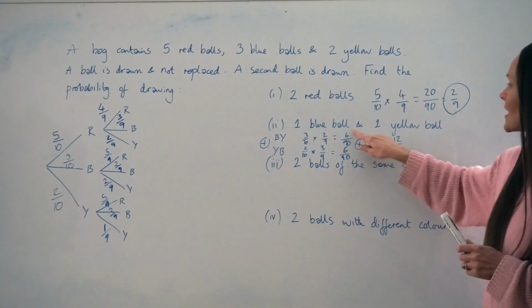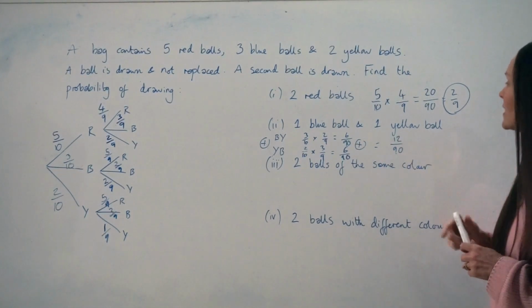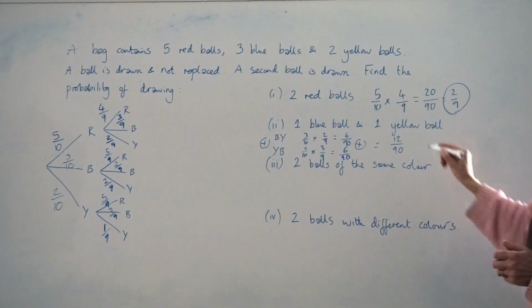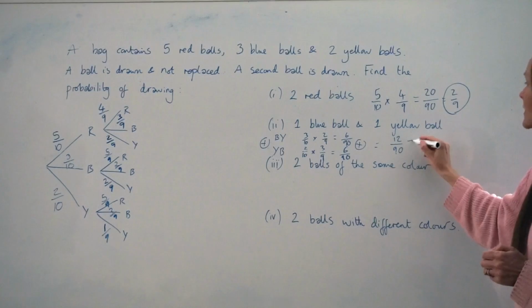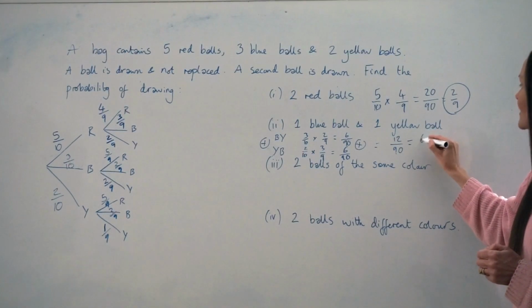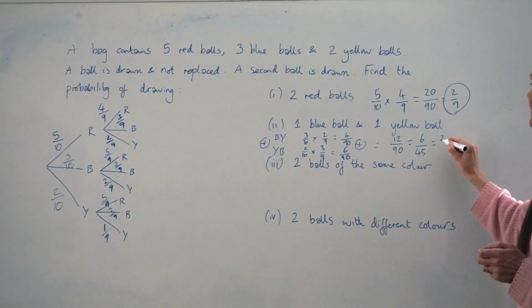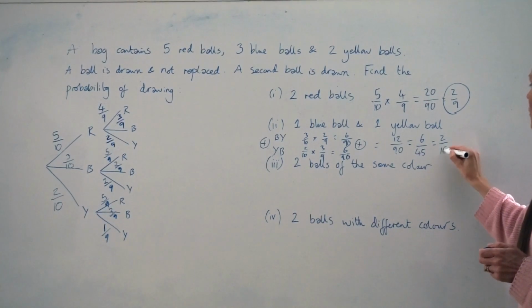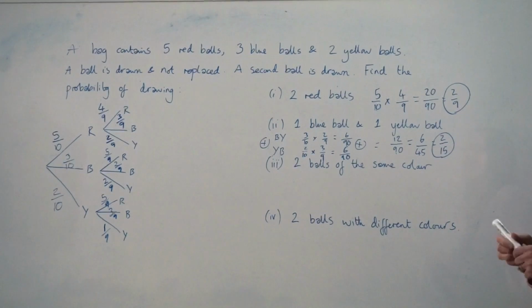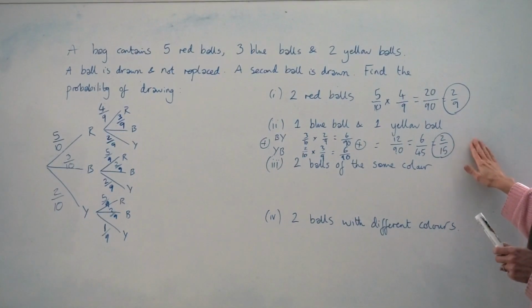The denominators stay the same. 6 plus 6 is 12. Okay, so the answer is 12 out of 90, and you can divide both of these by 2, so you get 6 out of 45, and then you can divide by 3, so it simplifies to 2 out of 15. Okay, so that is the simplified probability for part 2.